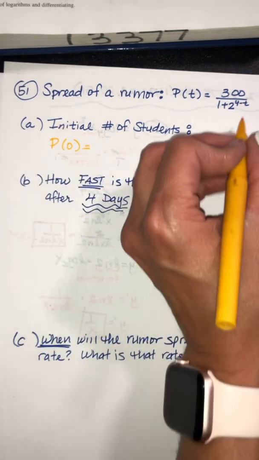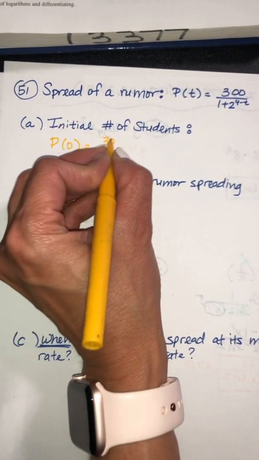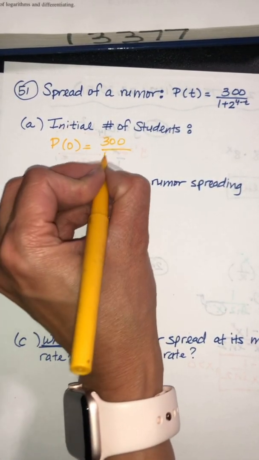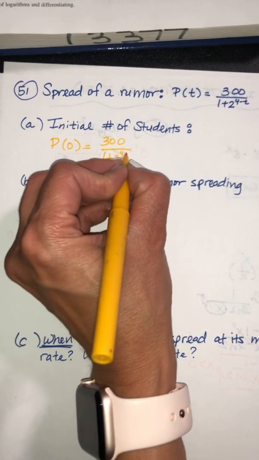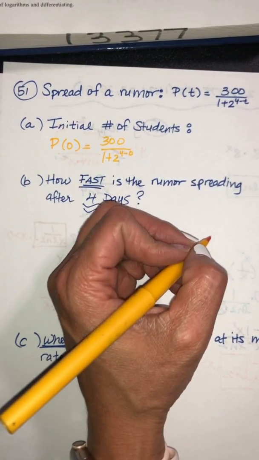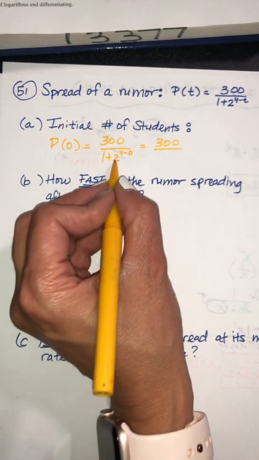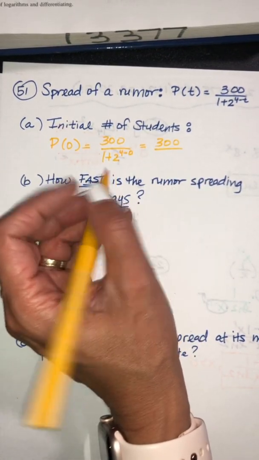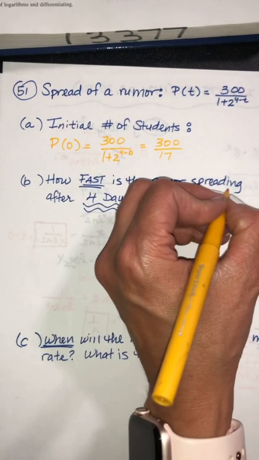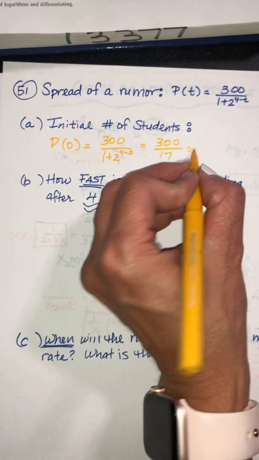Okay, so we need to plug in a 0 for t, so we'll have 300 over 1 plus 2 to the 4 minus 0 power. So that's 300 over, let's see, 2 to the 4th is 16. 16 plus 1 is 17. 300 divided by 17.